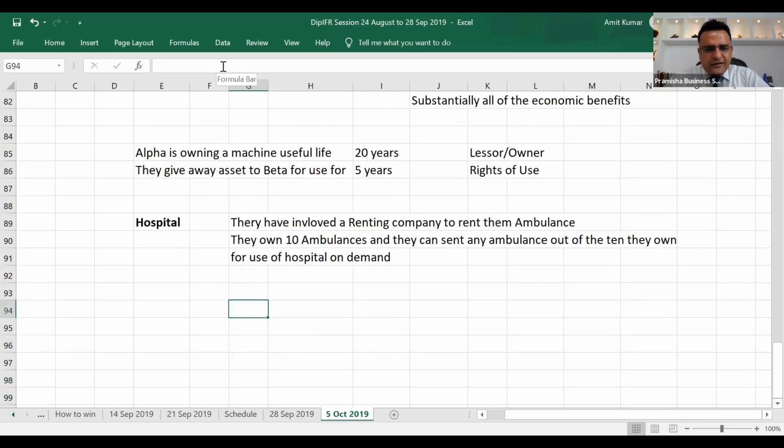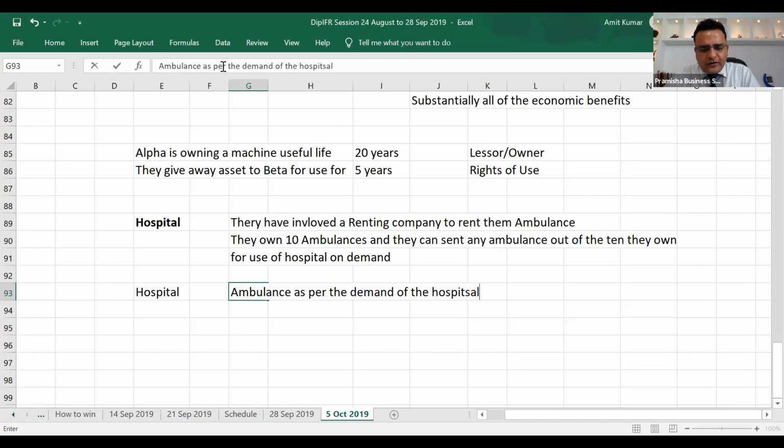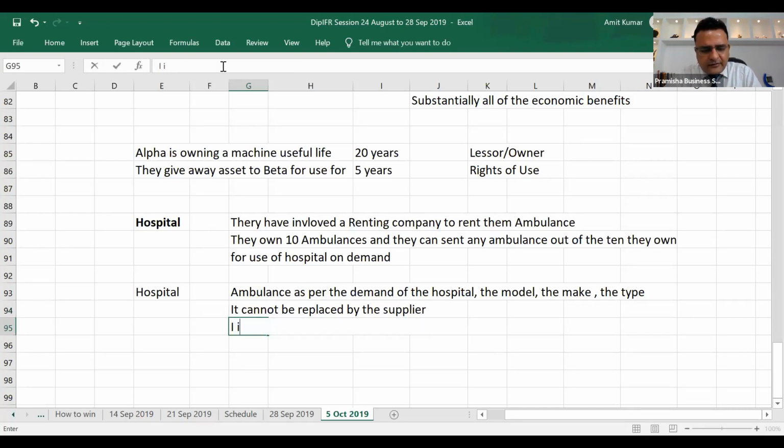But if the hospital is provided with an ambulance as per the demand of the hospital, the model, the make, the type, and it cannot be replaced by the supplier, it is controlled by the hospital.